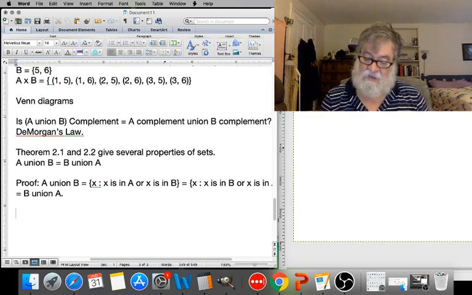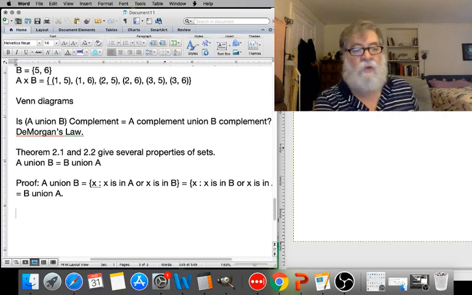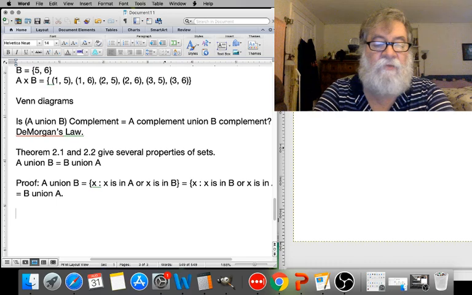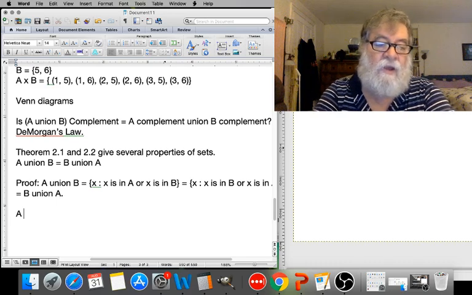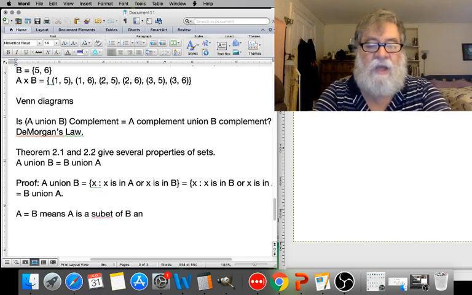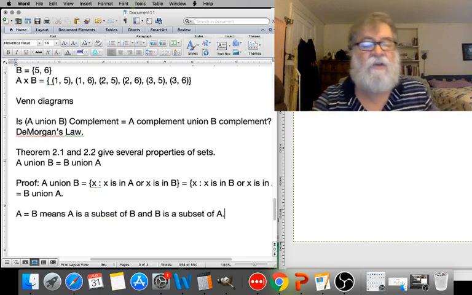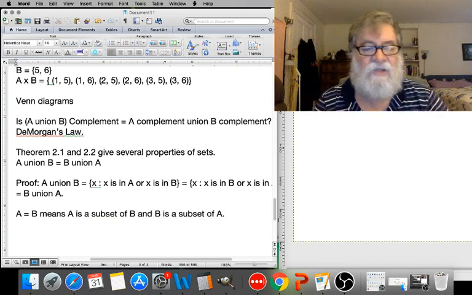Also, if you do proofs, it'll be helpful for you to know that one way to define A equals B is to say that A is a subset of B and B is a subset of A. That's often either a definition for equality or it's given as a theorem. I think it's actually given as the definition for equality here.